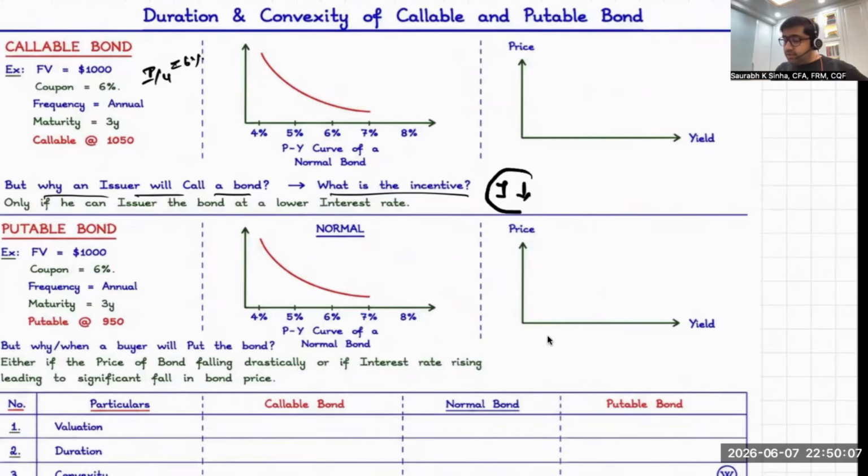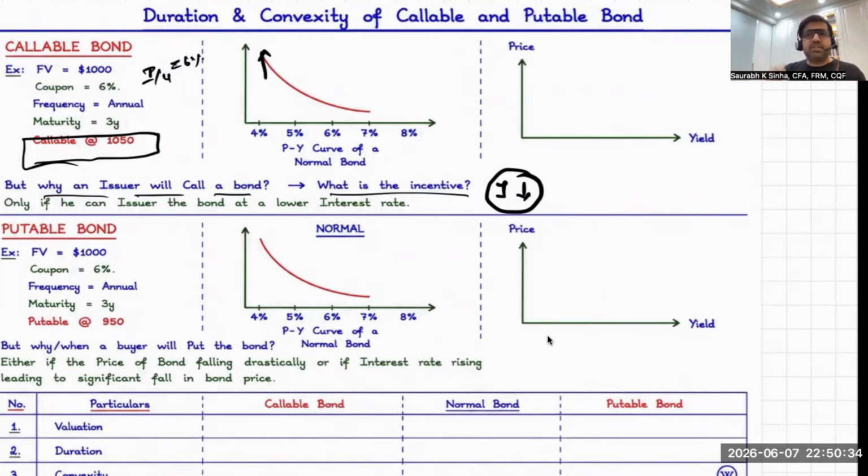If interest rate is falling, it means that the bond price is rising. But it won't rise further because it is callable at 1050. So the issuer has a right to call the bond at 1050. It means that the bond price will never ever rise beyond 1050.